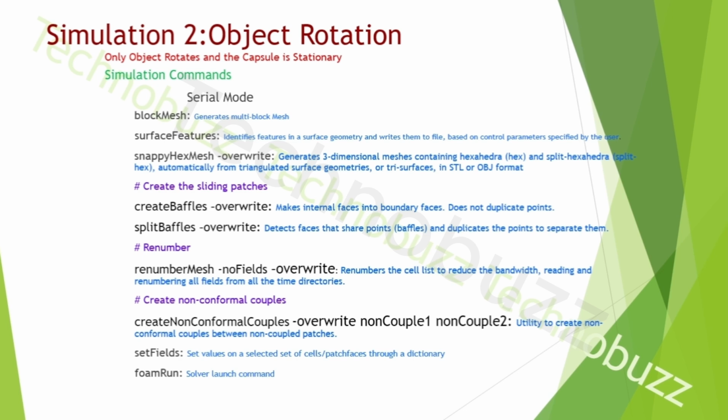So this needs non-conformality. So for this purpose we use this command, createNonConformalCouples. This is a utility to create non-conformal couples between non-coupled patches. Then the command setFields, which is already explained, and we launch the case in serial mode using foamRun as usual.